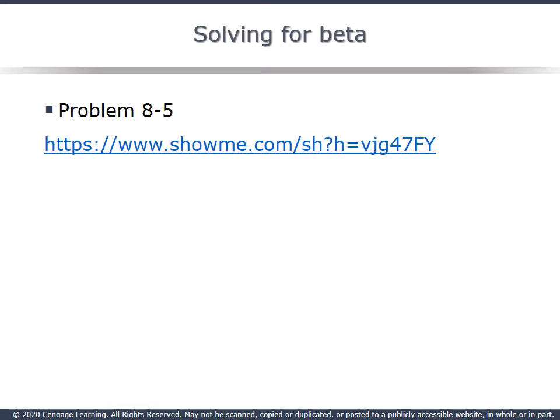We are only going to use the security market line and solve for beta when beta is unknown, and we know the rest of the inputs to the security market line equation. So for problem 8.5, I've worked this problem for you. If you click on this link, you will see what I'm talking about.